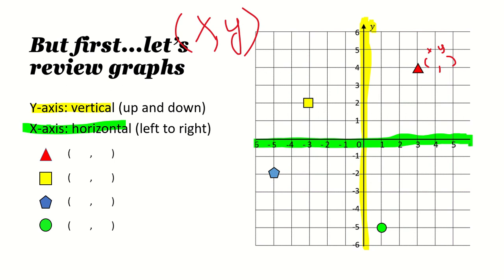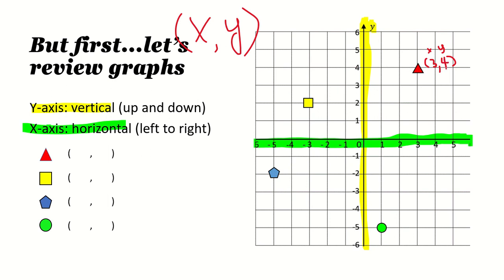Often I do still see mistakes in 7th grade where people write the y first, and that's a completely different point. Since we know left to right is the x-axis, this triangle is situated at 3, so the x part of it is 3, and on the y-axis, it is situated at 4.